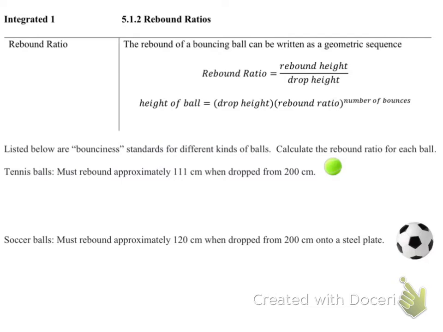Rebound ratio. It is a ratio, which implies multiplication, like I said. It's how much a ball is going to bounce back from a drop height. The drop height represents the total distance the ball travels from your hands or from the top of an object without any pressure on it.